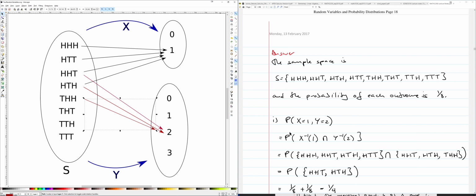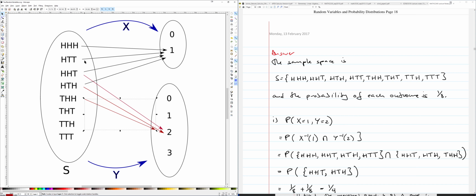So the probability x is equal to 1, y is equal to 2 is the probability when x is equal to 1 and y is equal to 2.